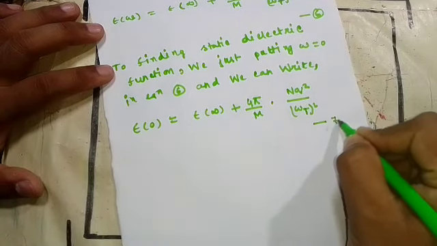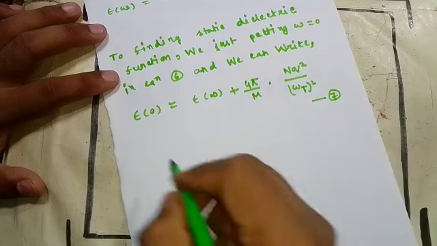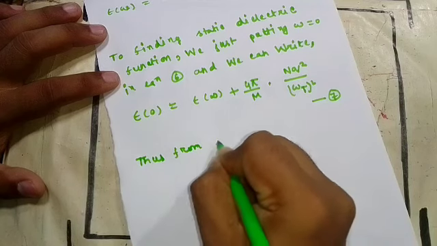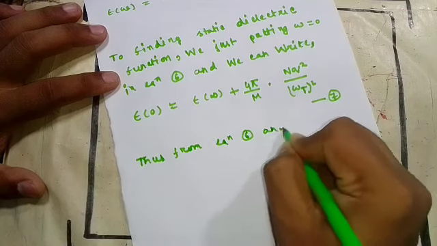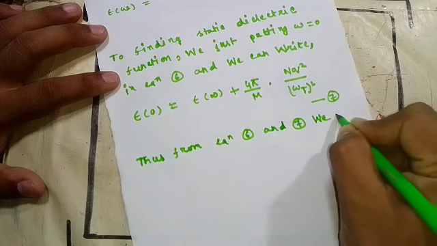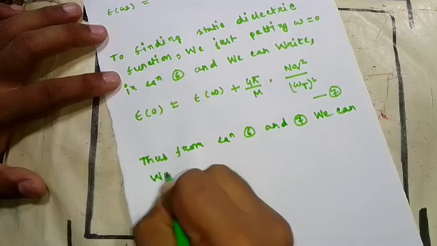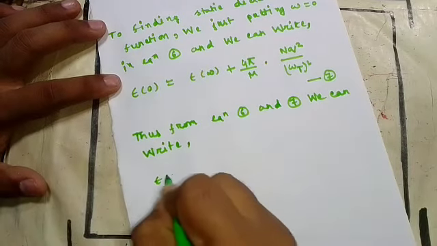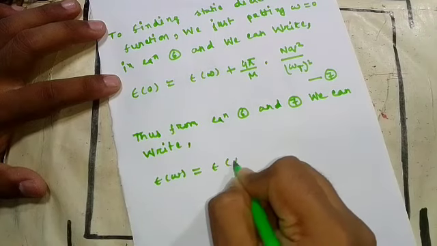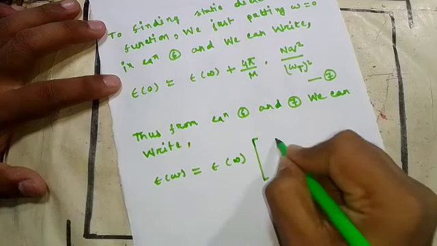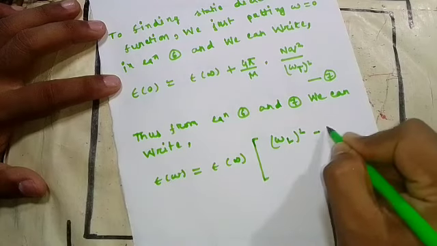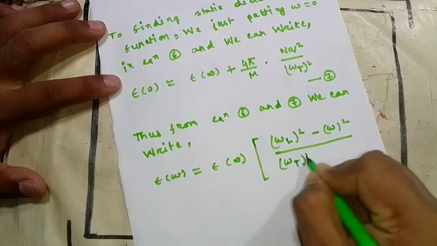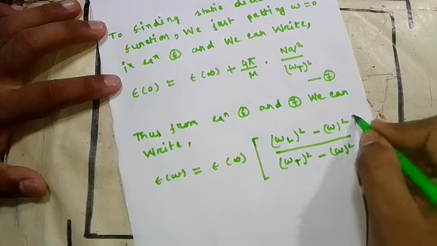This is equation 7. Thus from equation 6 and 7 we can simply write epsilon omega is equal to epsilon infinity times omega L square minus omega square by omega t square minus omega square.